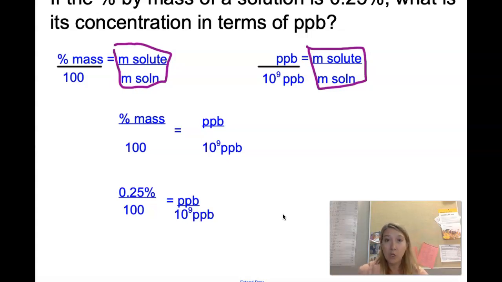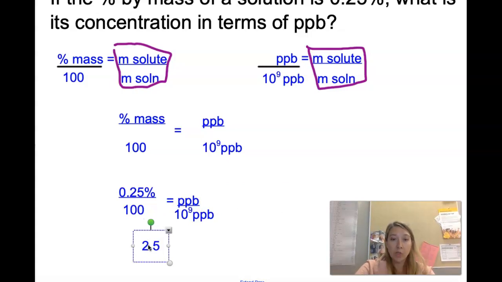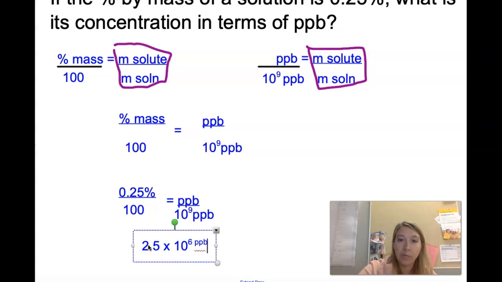So I get a huge number, which kind of makes sense because 0.25% isn't a crazy small thing, and usually we use parts per billion to describe really small things. So we're going to have to go to scientific notation. So we're going to get 2.5 times 10 to the 6 parts per billion.